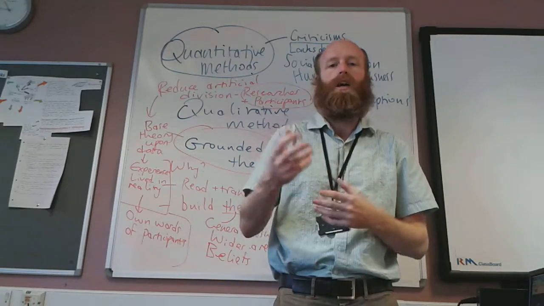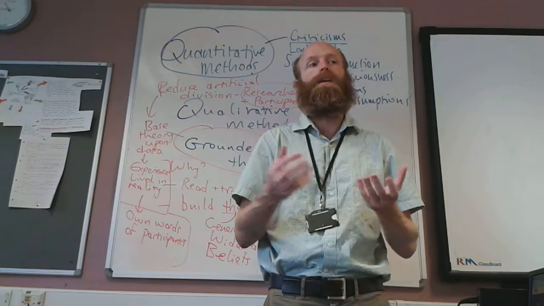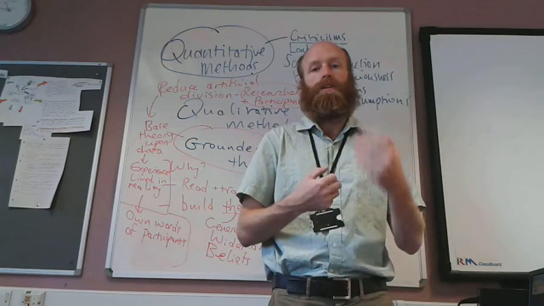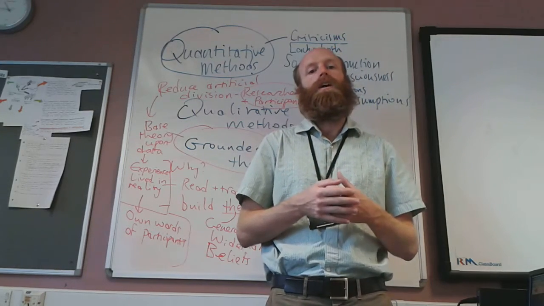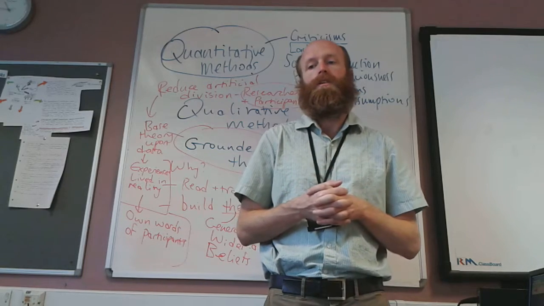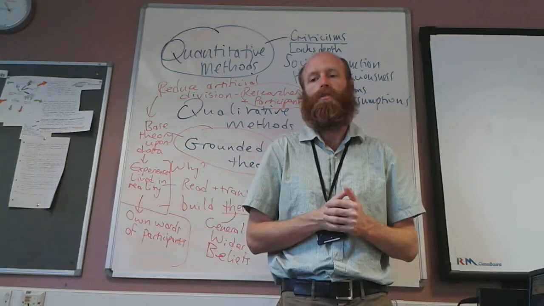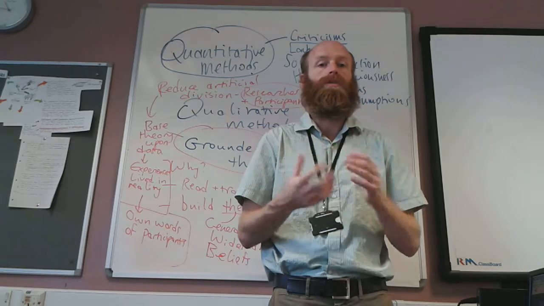It's easier to check and find replicability, which makes the data more valid and accurate if you're finding consistent sets of results, and it's easier to repeat the information. From a positivist perspective, they would argue that it's got more accuracy because it's more reliable data.